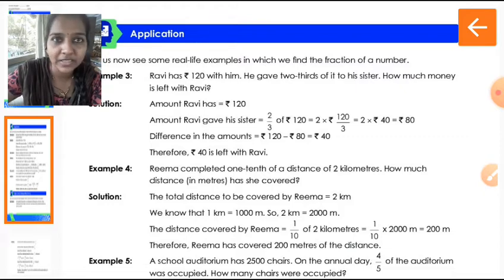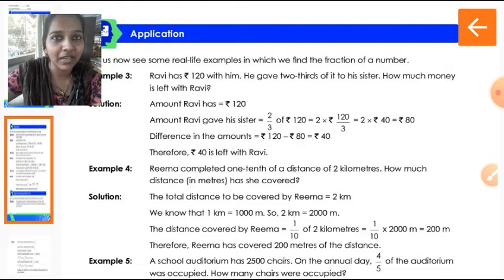Okay children, so what is the amount he gave to his sister? It is rupees 80. Now look at the rest of the question. How much money is left with Ravi? So now we know he gave 80 rupees to his sister. So how much money is left with him? Yes, to find this you can subtract 80 from 120, isn't it?